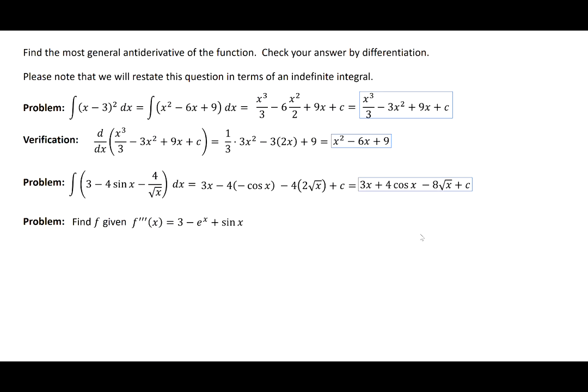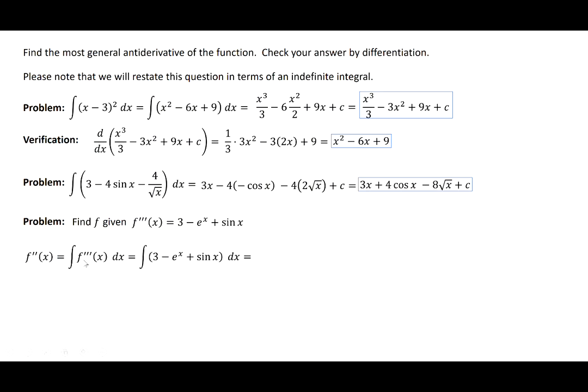From f triple prime, let's figure out what f double prime is. And once we get f double prime, let's figure out what f prime is. And from there, we'll go to f. By applying what process? How do you go from f triple prime to f double prime? Well, integrate.